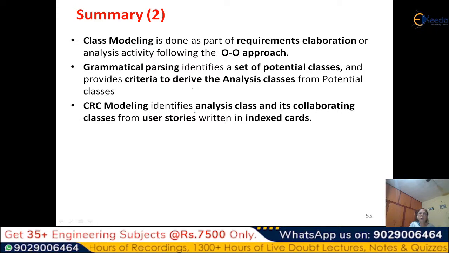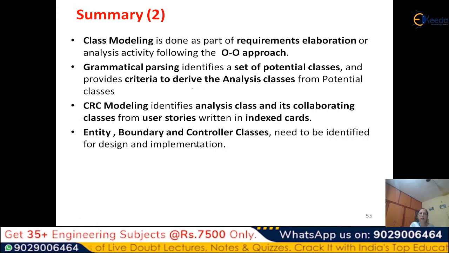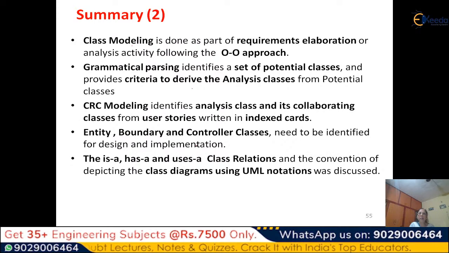And once you have determined the analysis classes, then you have to find what are its collaborating classes, and you have to determine the class relations with the collaborators. This we did not discuss because this is an implementation. I left it out.